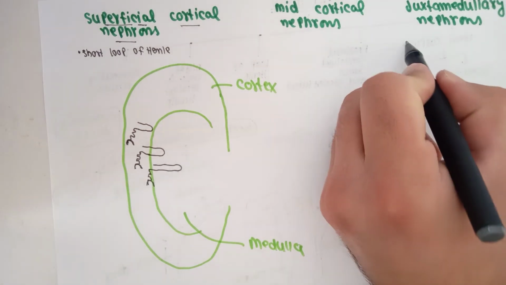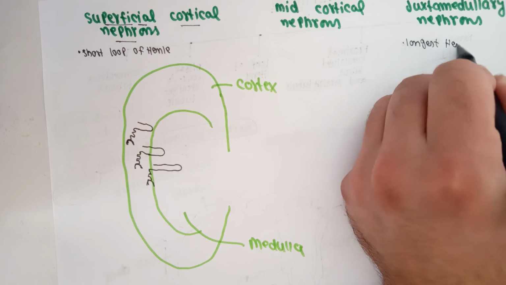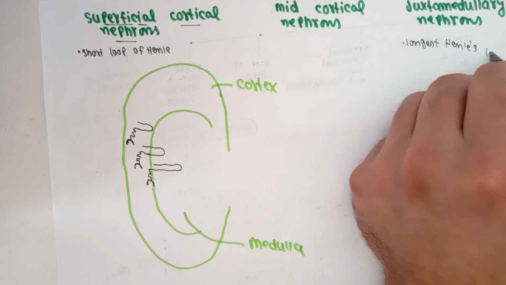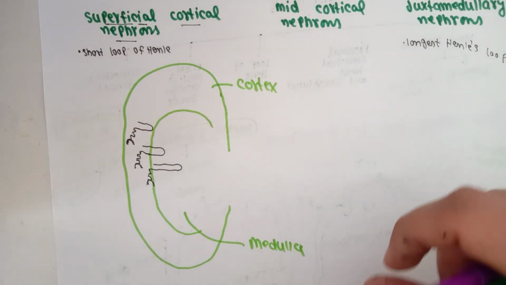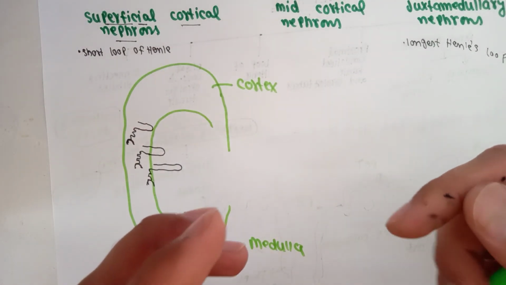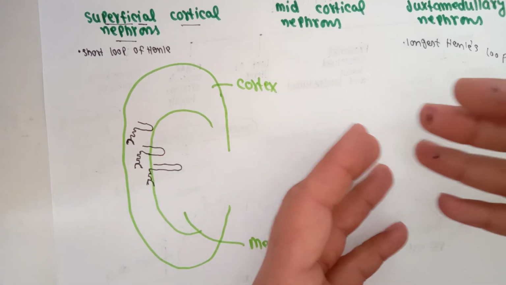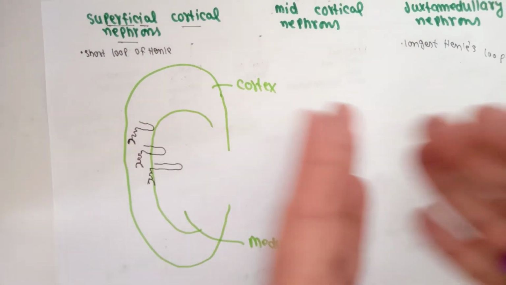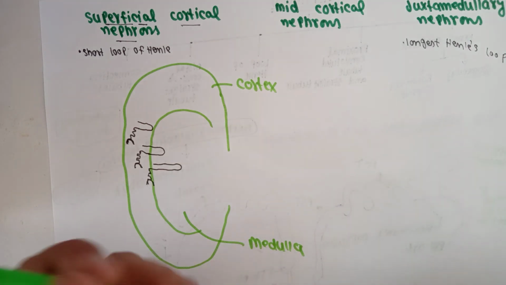It has the longest loop of Henle, and the mid-cortical nephron has a loop of Henle length between the superficial cortical nephron and the juxtamedullary nephron. So these are the different types of nephrons. Here I can mention their names.